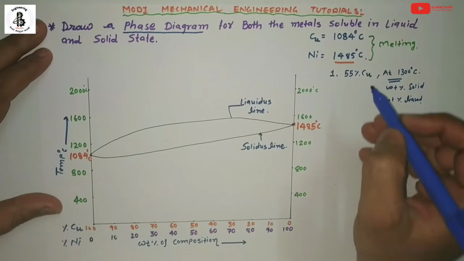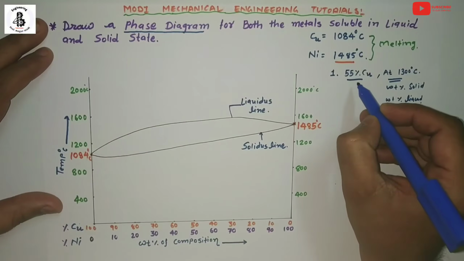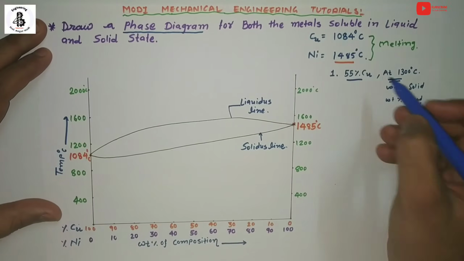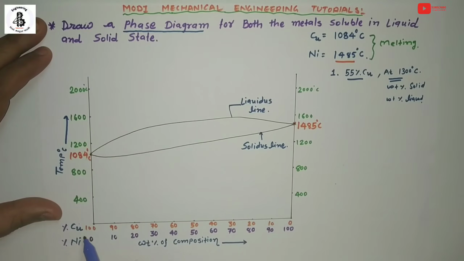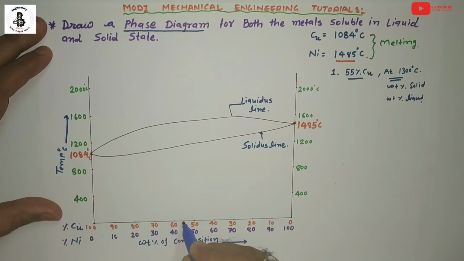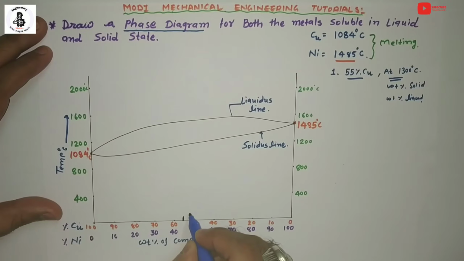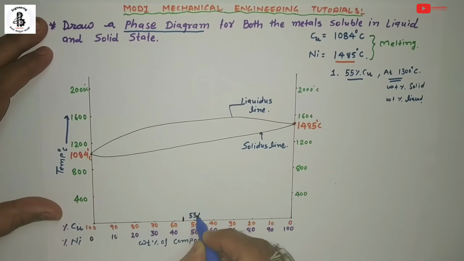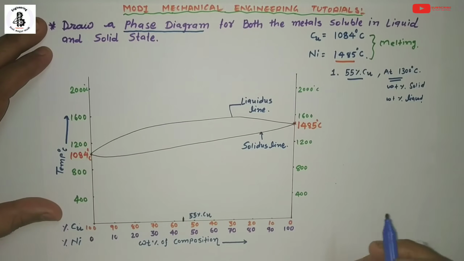So you can start with the first, and that will be 55% of copper. You can see 100% copper, 90, 80, 70, 60 and 50. So in between, that will be the indication of 55% copper.